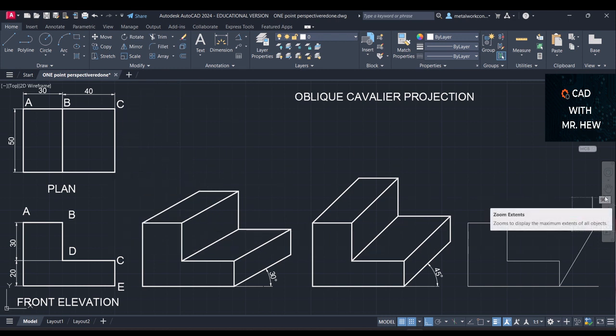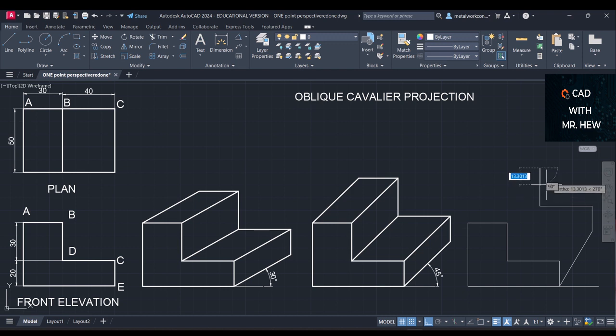So going up, C to E is 20, enter. Then going across, C to D is 40, so go 40. Then going up, D to B is 30 based on the measurement. Then going across at the top, A to B is 30, and then coming down now, the length is 50 and the angle 60.